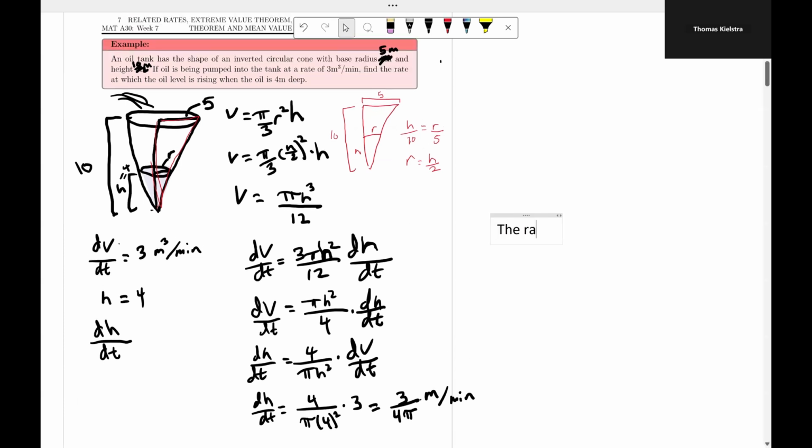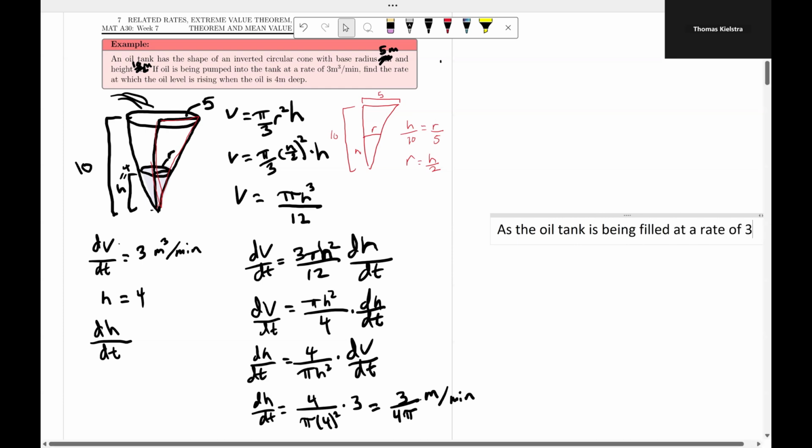The oil tank is being filled at a rate of 3 meters cubed per minute.